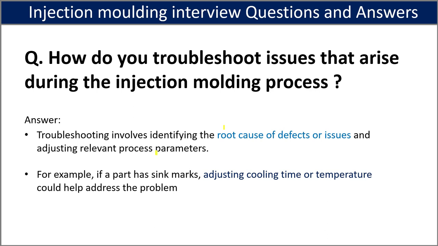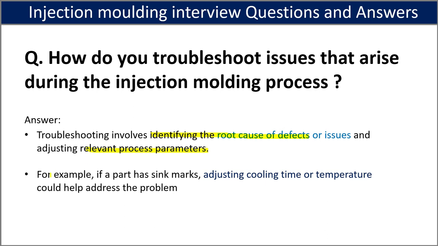Troubleshooting involves identifying the root cause of the defect, and after that adjusting the relevant process parameters. We perform the root cause analysis to see why that defect is coming, then we study all those inputs and take corrective action.